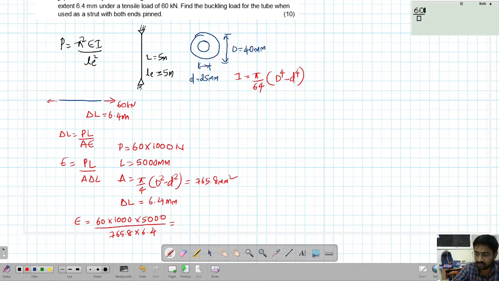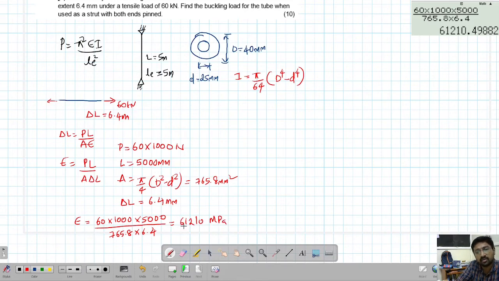It comes to 61210 MPa. This is the value of E. It is a slightly low value, but this is what we get from the calculation.